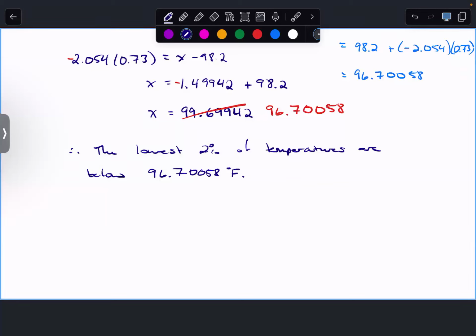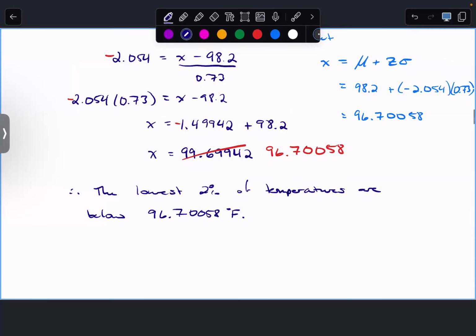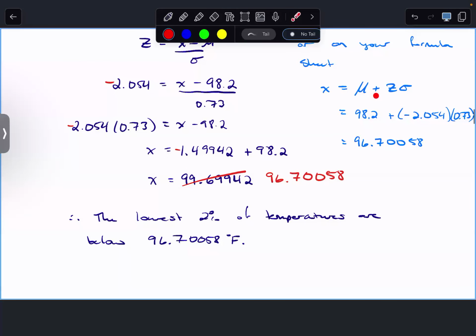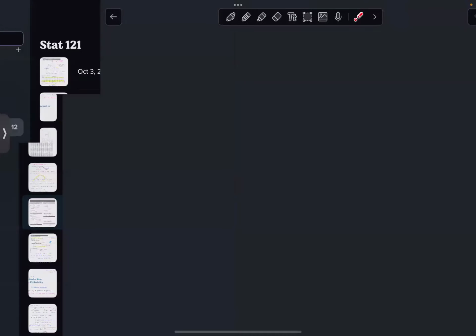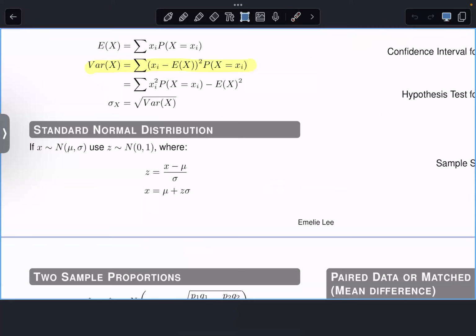Good. Sorry, this might be a silly question, but I was just wondering how you got that formula, like, you go off of it, X equals. This one? Yeah, like how you arranged it. I got a little confused because I forgot my formula sheet at home. Oh, here. I have a formula sheet. Thank you, sorry.